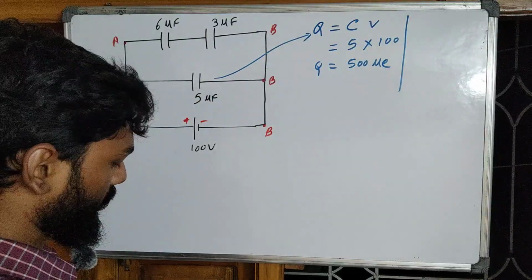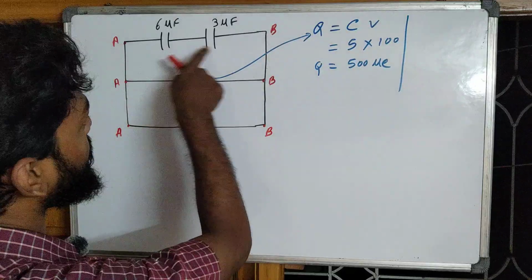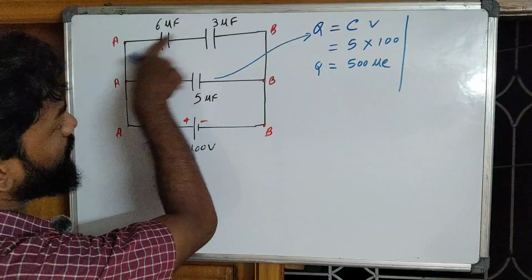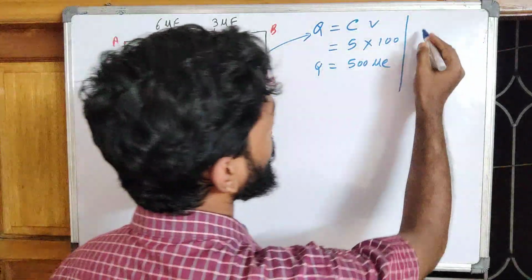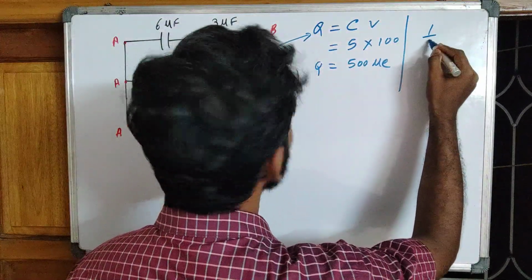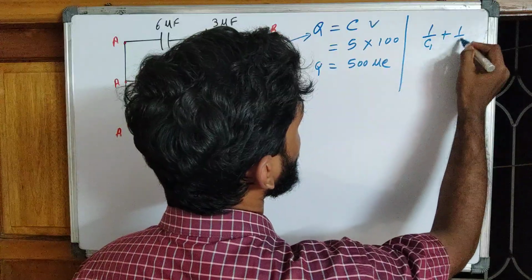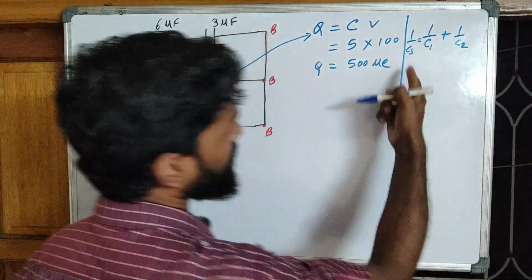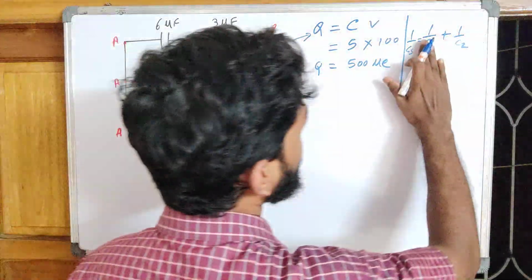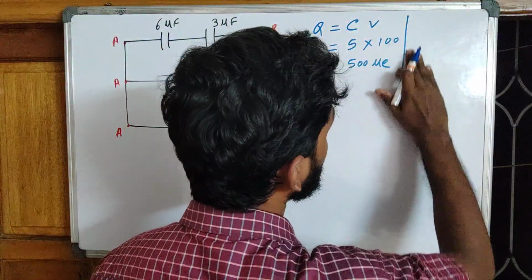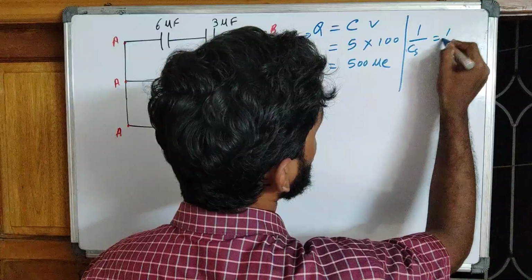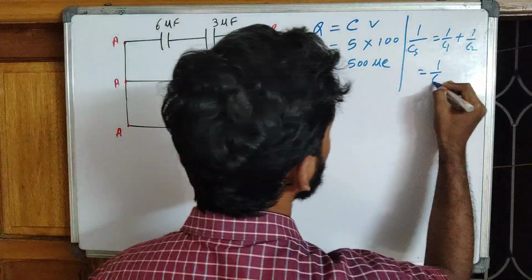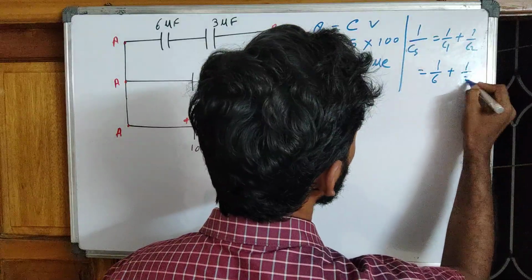Likewise, we have to find out the charge across this branch. For that we need to find out the equivalent capacitance of this branch. They are in series, so we need to carry out 1 by CS equals 1 by C1 plus 1 by C2, where S means series. 1 by C1 is 1 by 6, 1 by C2 is 1 by 3.